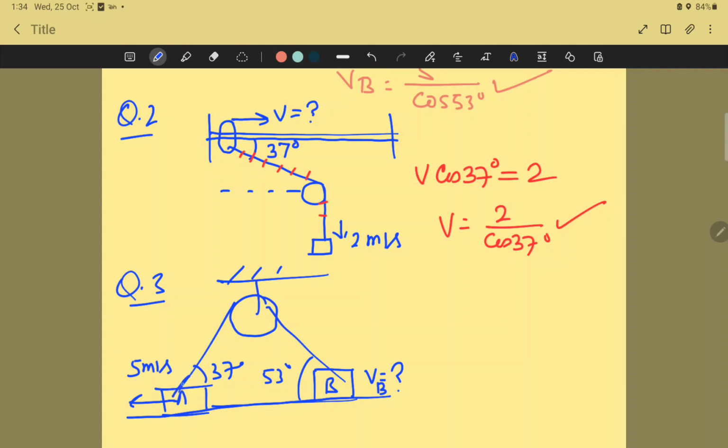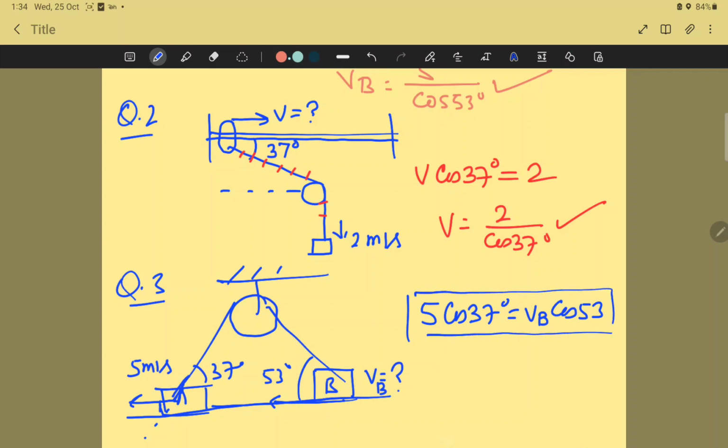What you are supposed to do is take the component of it. So here we can say 37, so 5 into cos 37 should be equal to the velocity VB in the given direction, so it will be VB cos 53.